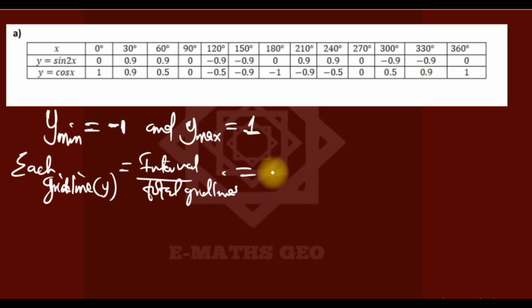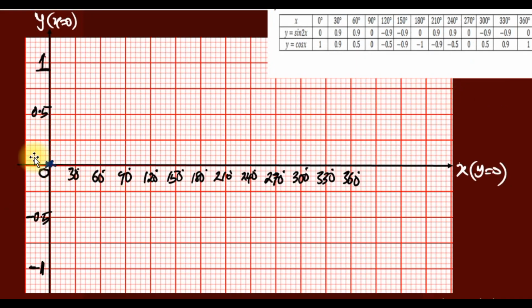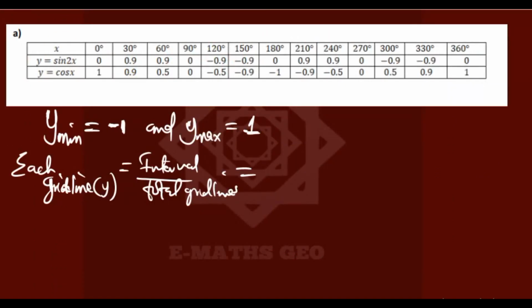Because the scale here is 2 cm to 0.5 units, the interval is 0.5. We are moving in 0.5 over the total grid lines to that 0.5, which is 10. So each grid line is 0.05.